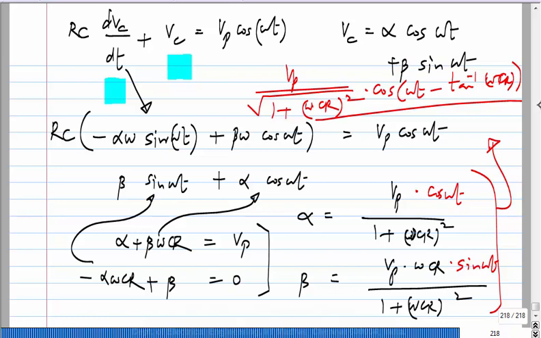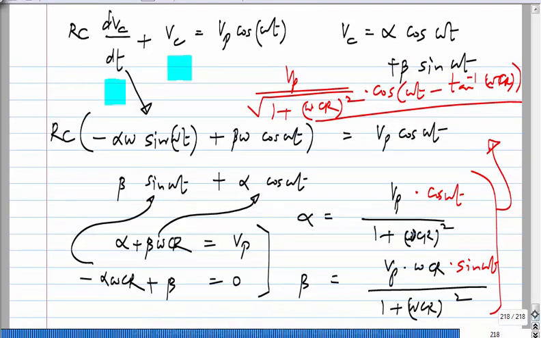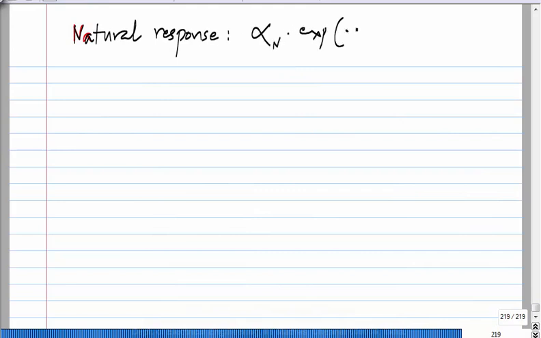Yeah, so we already know, I mean, Vp equal to 0 we have done, and we know the form of the natural response, right? So if you set Vp equal to 0, you get the homogeneous differential equation, and the solution to that is, let's say, alpha n exponential minus t by rc. This form we already know.